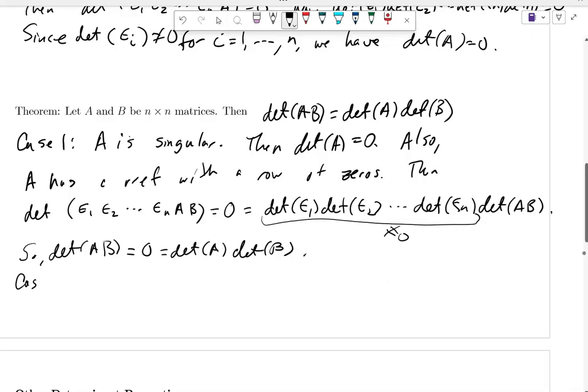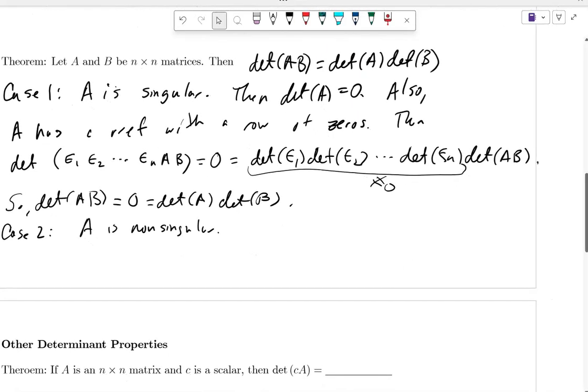The other case, A is non-singular. We know that if a matrix is not singular, then we can write it as a product of elementary matrices.